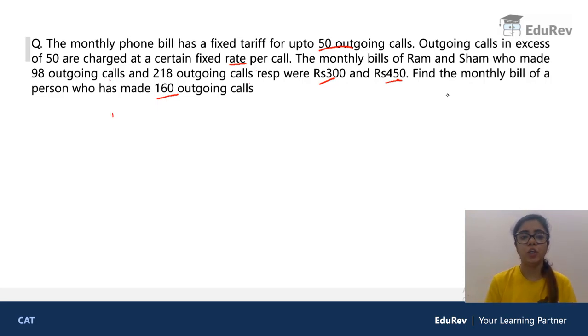So understand, your total bill amount is equal to some fixed money which you have to pay for the 50 outgoing calls plus the remaining money, let's call it R. Now this remaining money is proportional to the number of calls you make. The outgoing calls in excess of 50 are charged at a certain rate per call.